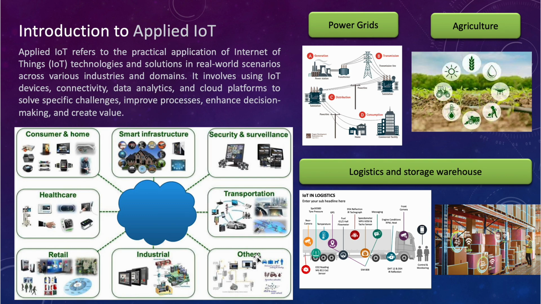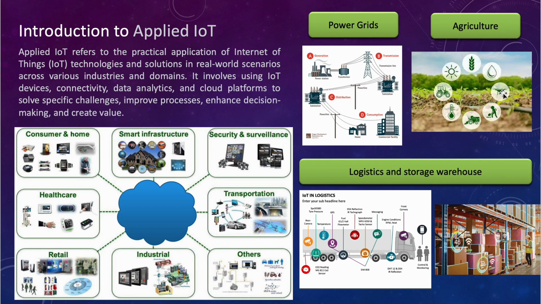We are talking about large scale IoT applications. If you are measuring a power grid from top to bottom, it expands throughout a country. If you're talking about agriculture, vast amounts of land, vast amounts of different types of crops. There's water management, there's pesticides and crop management.